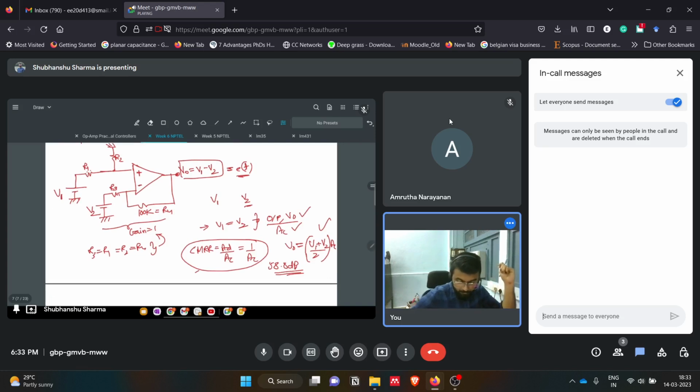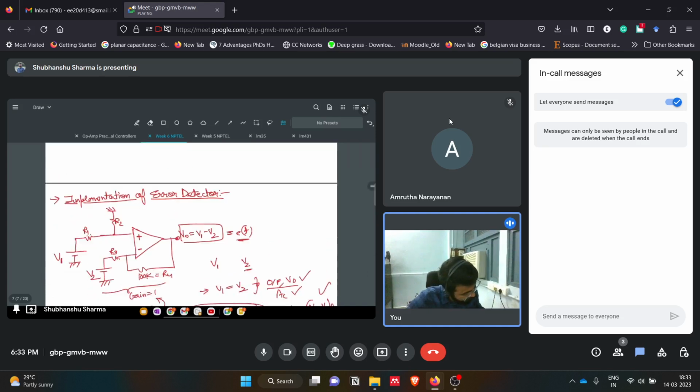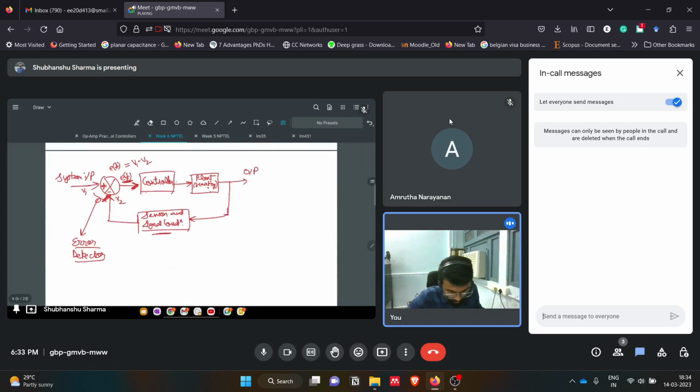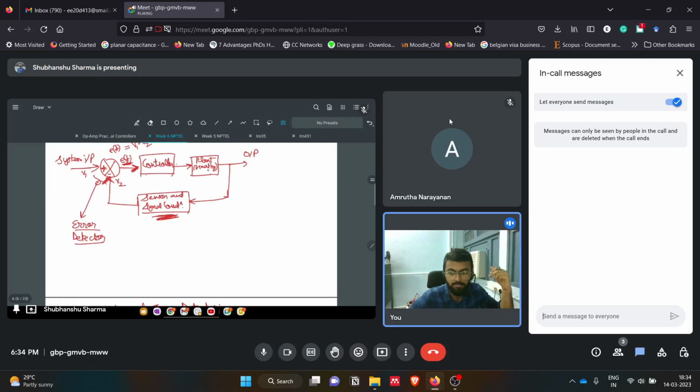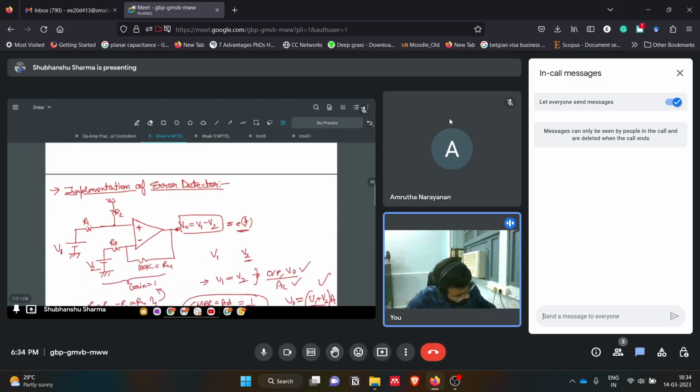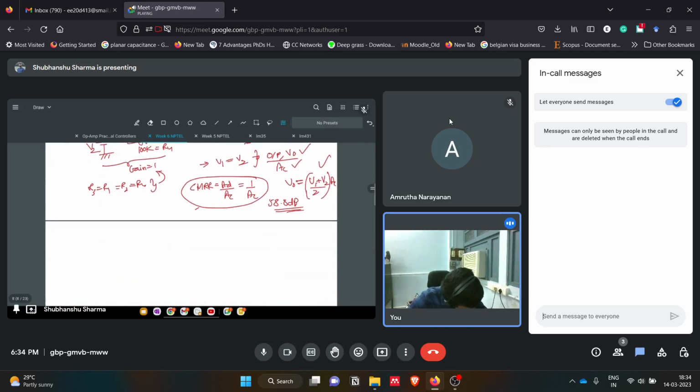Then after realizing this implementation for error detection, we will see why we need the signal conditioning circuit also. There is some sensor sensing something, and then we are using some signal conditioning. So we'll see why we are using that.